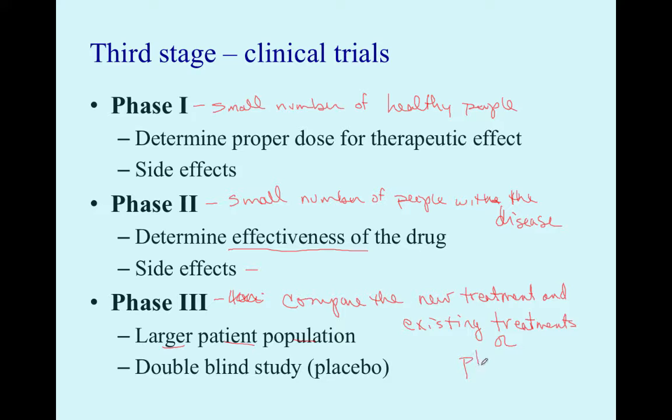You may also use what's known as a placebo. Okay. And this is typically a double-blind study, which means neither the patients nor the scientists know who had the drug and who didn't, who had the placebo or the existing treatment and who is having the new one.